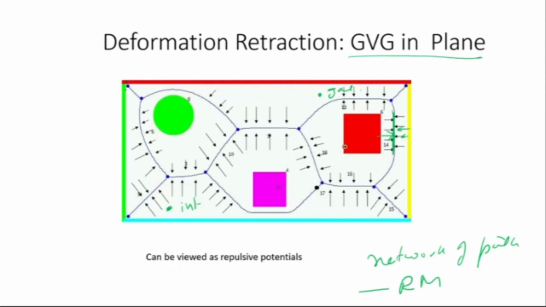All I need to do is find this node and join the node. From here I can find the node and join the node, and then I have different paths. I can go like this, like this, like this, and that's my path. There can be more than one path. So this is how we can find paths, either by using a visibility graph, or a Voronoi diagram, or a deformation retract, where Voronoi diagram and deformation retract are more or less the same.